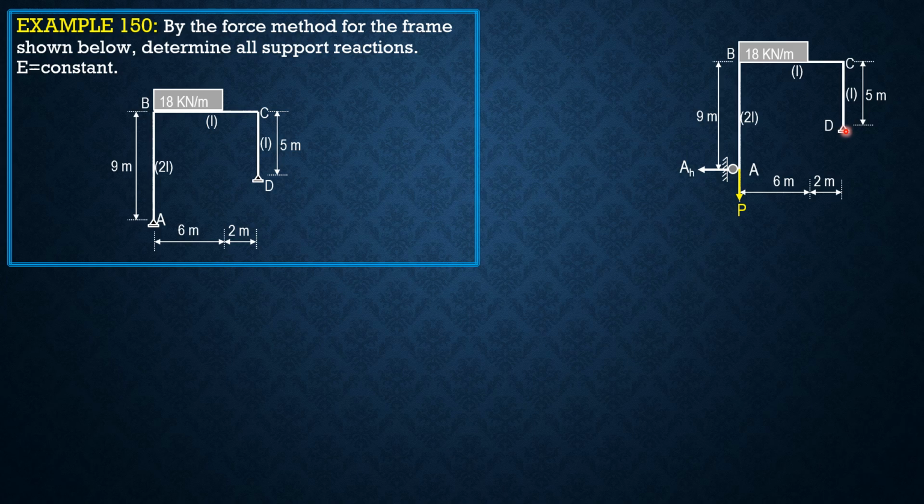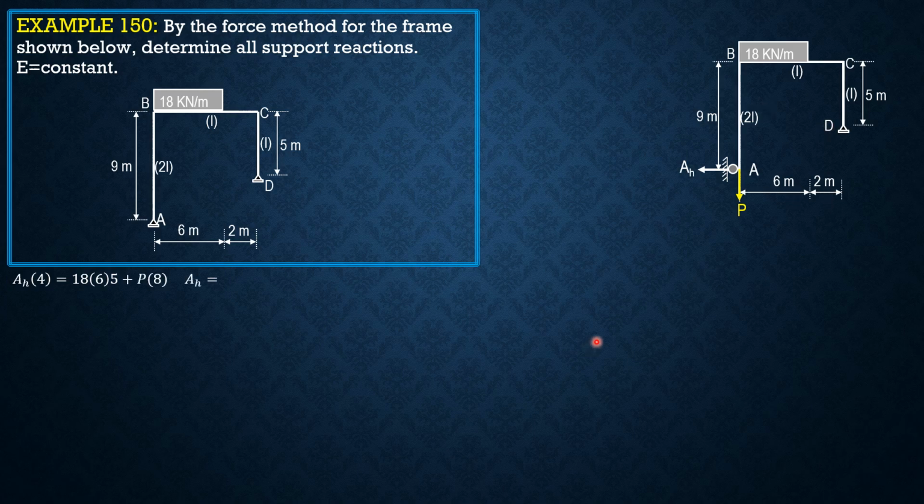So we sum up moment about D to express EH in terms of P. So EH times 4 equals P times 8 plus 18 times 6 times 5. So 8 times 4 equals 18 times 6 times 5 plus P times 8.